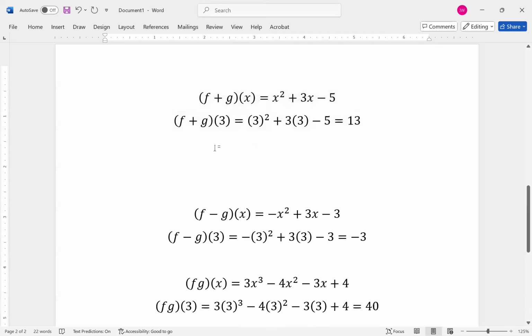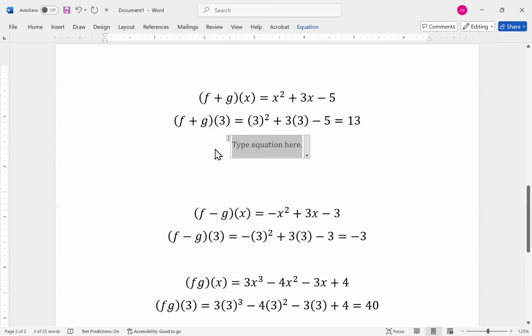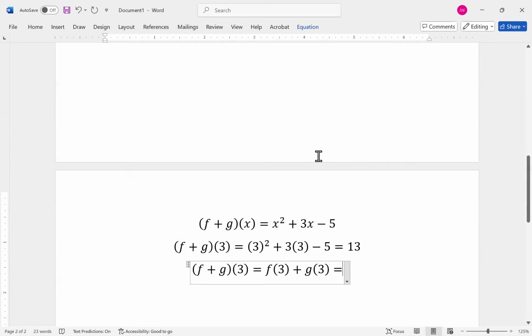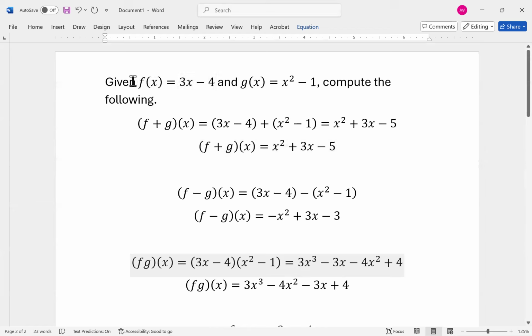So what I could have done to calculate f plus g of 3 is plug 3 into f and then plug 3 into g and then add those two values up. Remember, we're using this same f and g we had before. f of x was 3x minus 4. g of x was x squared minus 1.